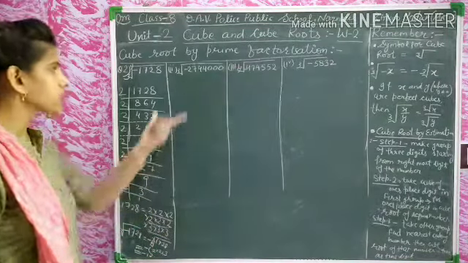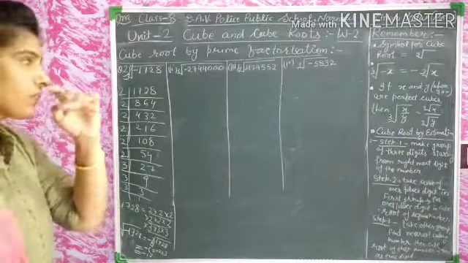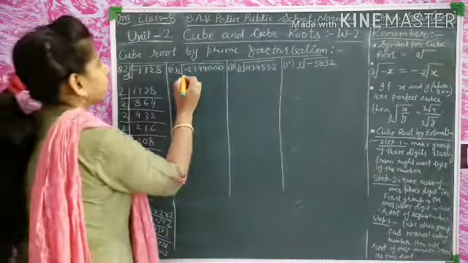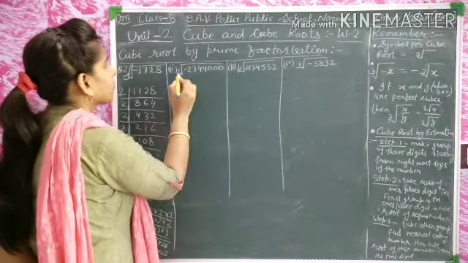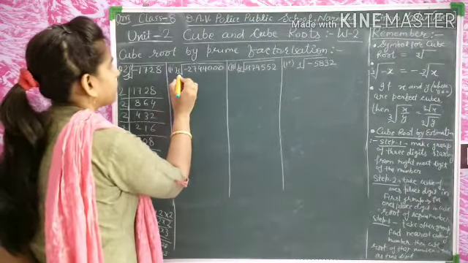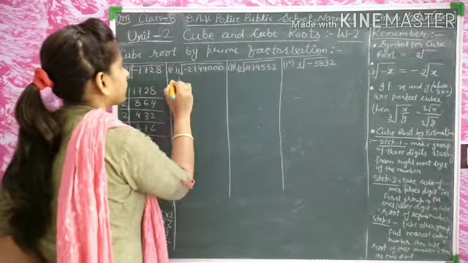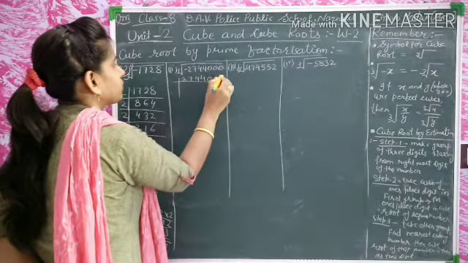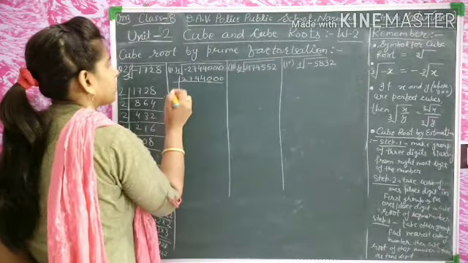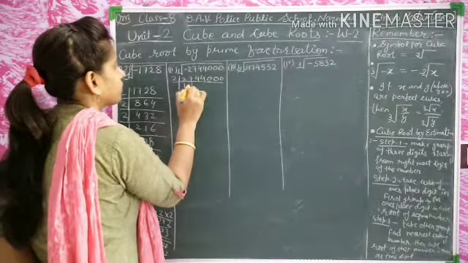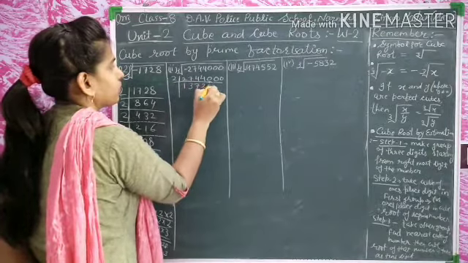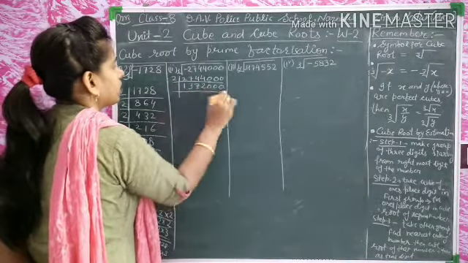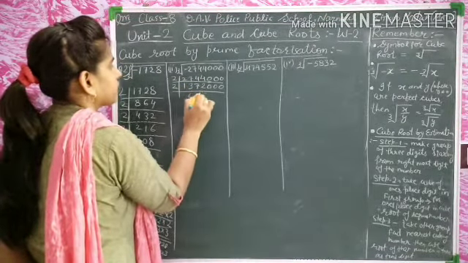There is another problem. We will write the cube root of the number 2744. We take the prime factorization first. 2 1s are 2, 2 3s are 6, 2 7s are 14, 2 2s are 4. Again 2 6s are 12, 2 8s are 16, 2 6s are 12.